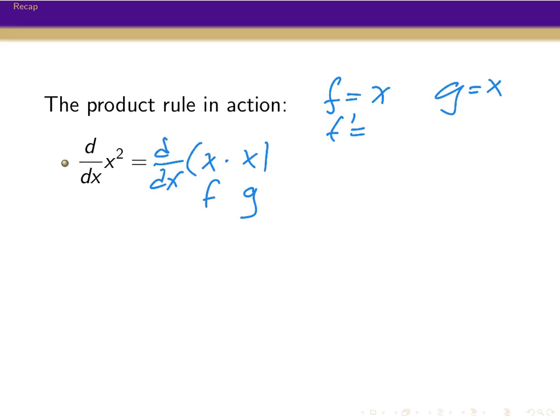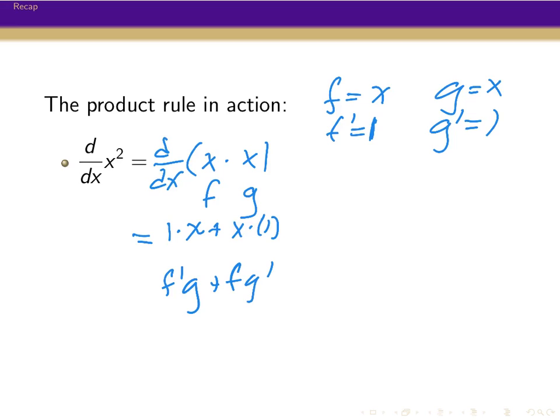The derivative of x is 1. Same thing here, the derivative of x is 1. And so then the product rule says this is going to be equal to f prime g plus f g prime. So looking at this, f prime is 1 times g is x, plus f is x times g prime is 1. So we end up with x plus x, which gives us 2x.